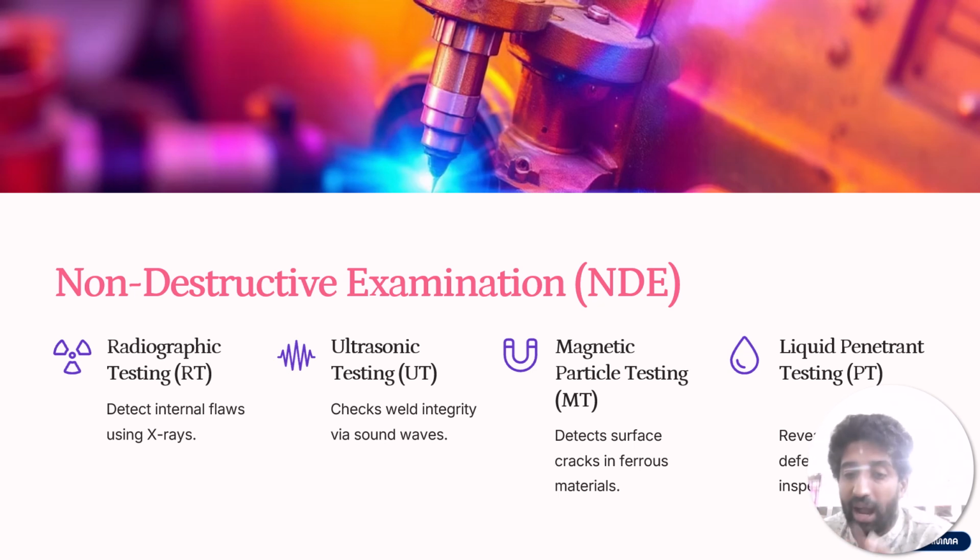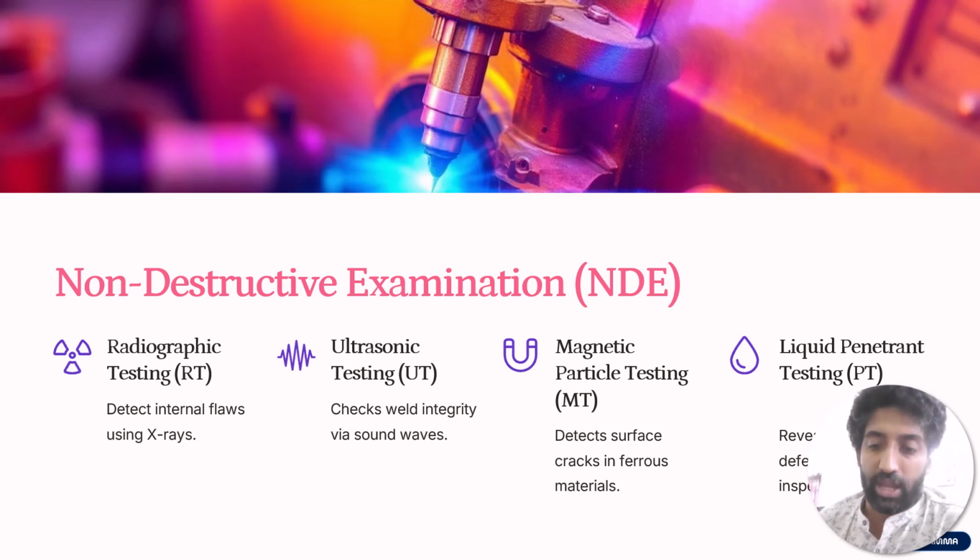Next is magnetic particle testing, which helps us find cracks on the surface, and PT, that is the liquid penetrant test, which shows the zone where there is a chance of a crack, so you can avoid it.